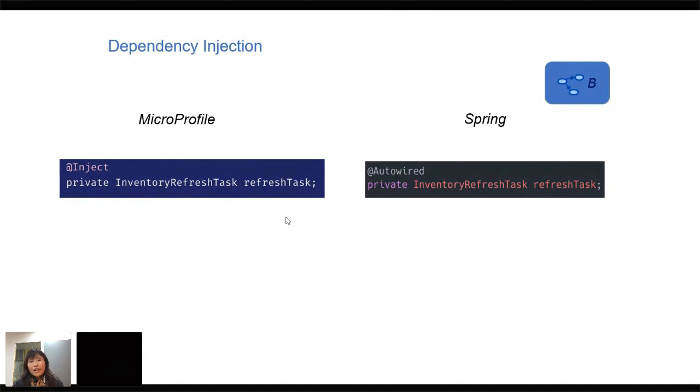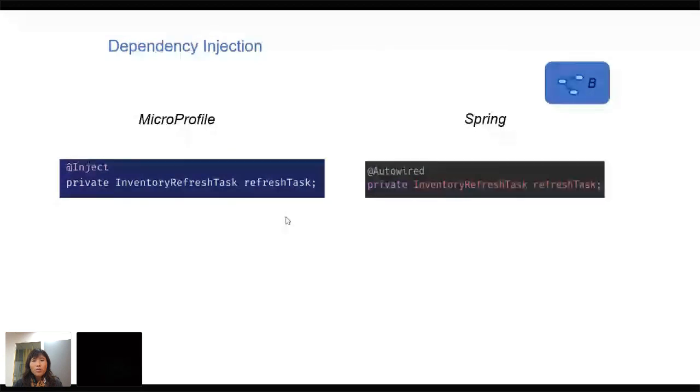Similarly, in Spring, Spring supports JSR 330. That's the injection, which means Spring supports @Inject. Spring supports @Inject, and also Spring supports @Autowired.